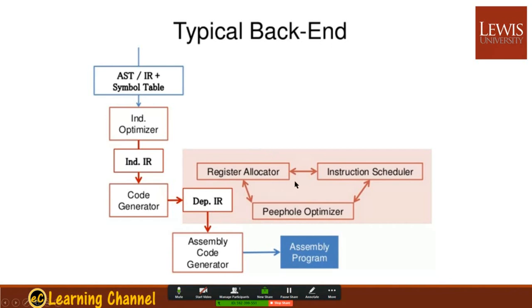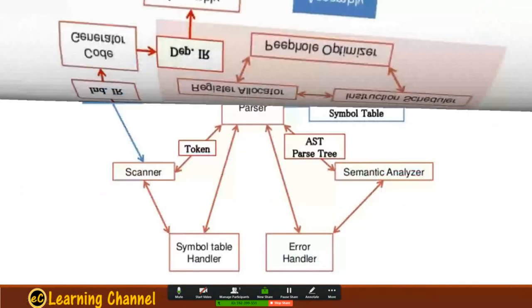So you have the register allocation, instruction scheduler, and the peephole optimizer. And peephole is when you have some instructions generated. I'm sorry.